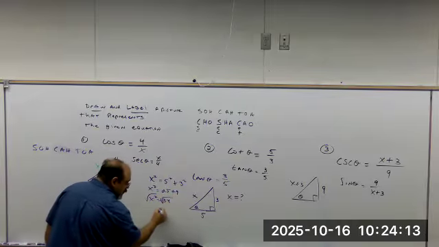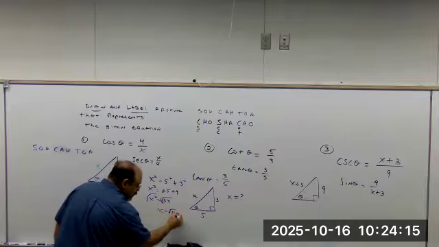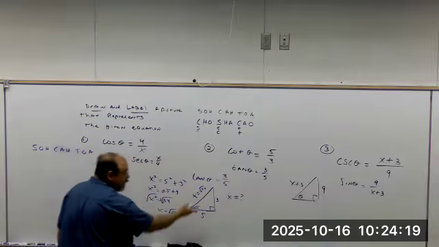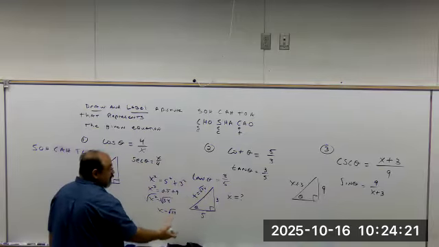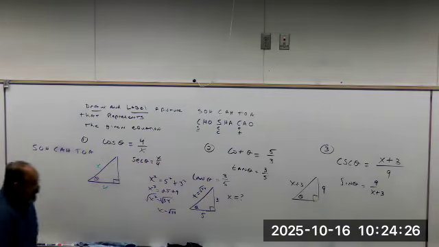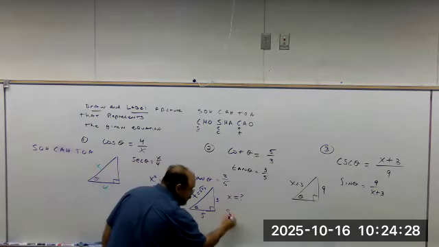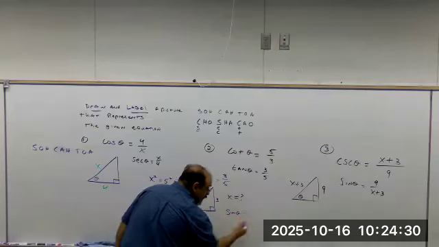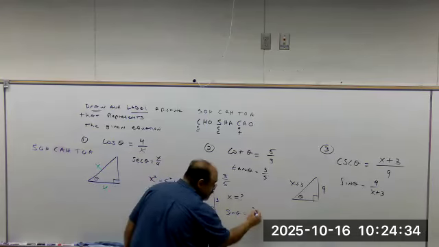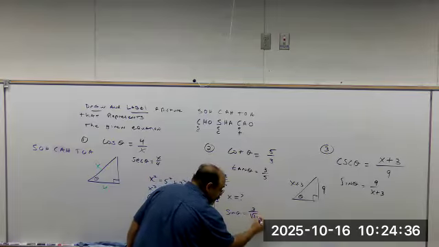Take the square root. X is equal to the square root of 34. Because who knows, maybe in this triangle, you have to find the sine of theta. So if you're asked now, what is the sine of theta? Like we did in the last chapter, it's opposite over hypotenuse. It's just 3 over square root 34.